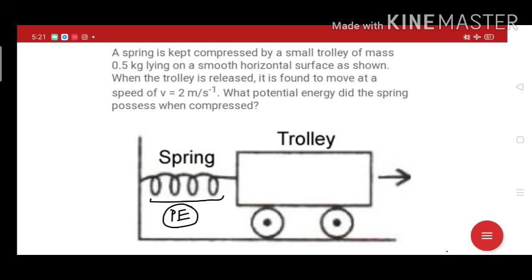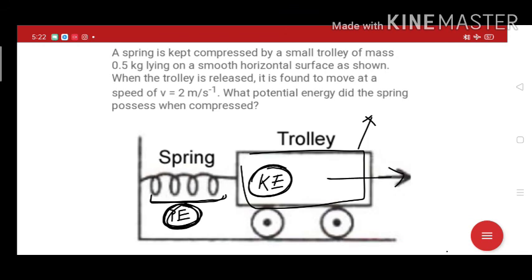I'm pressing the trolley, so that's why the spring is compressed, and now whatever is the potential energy is going to convert into kinetic energy at the time instant I release the trolley. For that potential energy, the kinetic energy will be imposed over here, and the trolley will move, and the velocity of the trolley is 2 meter per second.